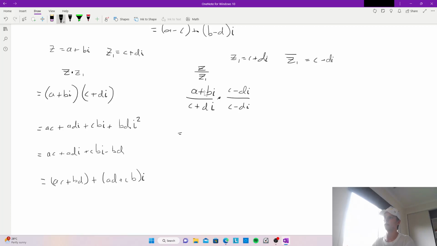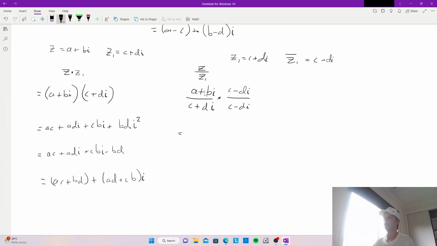And then you get this is equal to, this is a difference of perfect squares, or a difference of two squares, which normally would just be C squared minus D squared, but due to the complex number i being squared, it turns the second term into a plus.